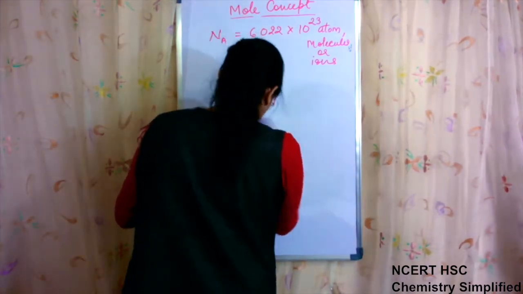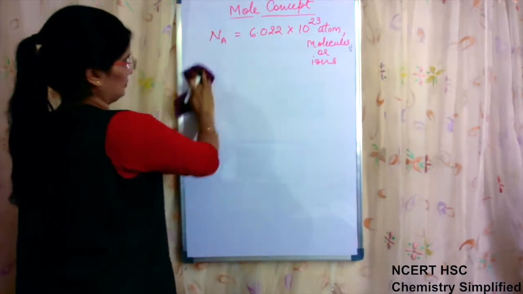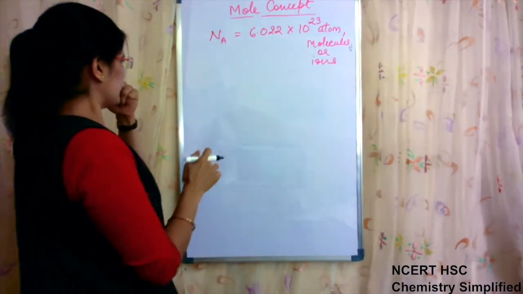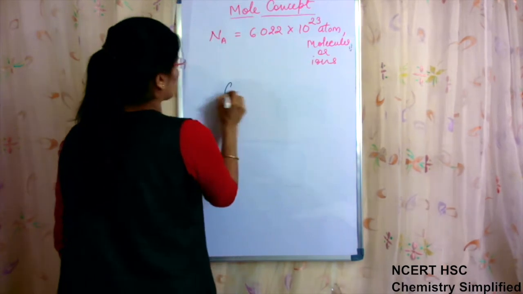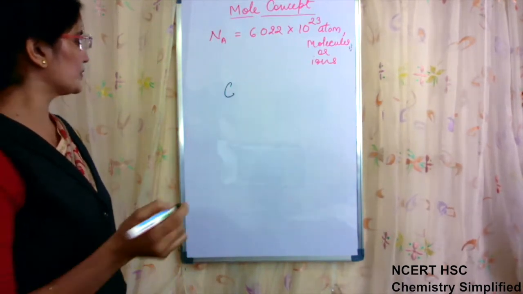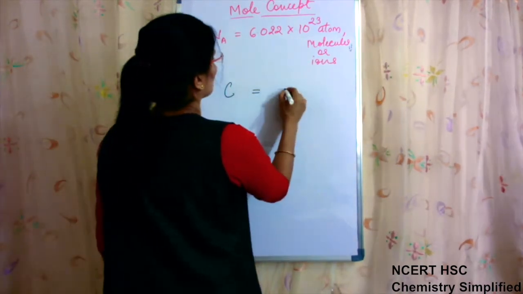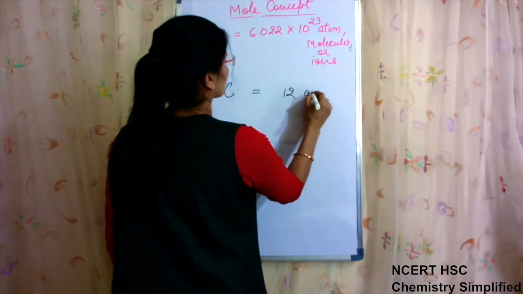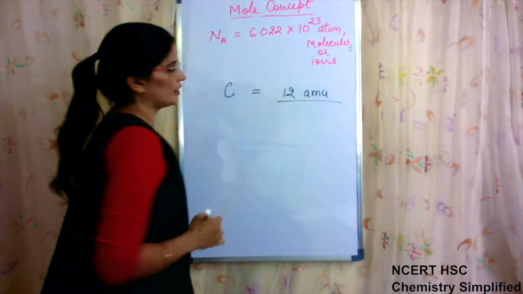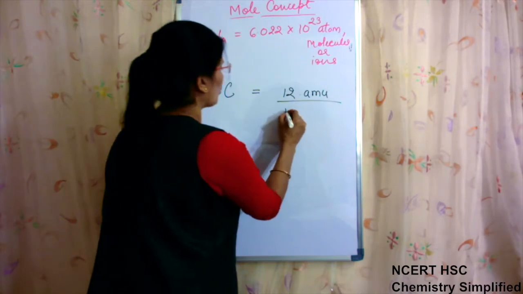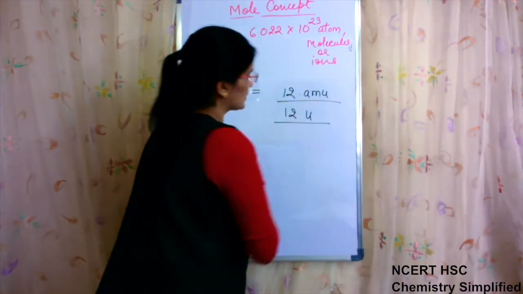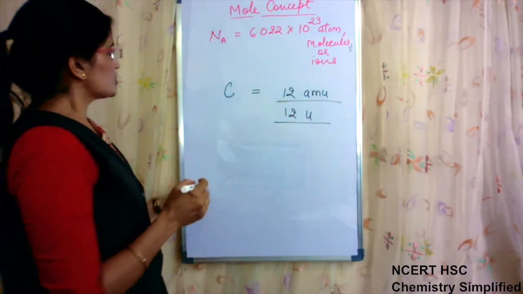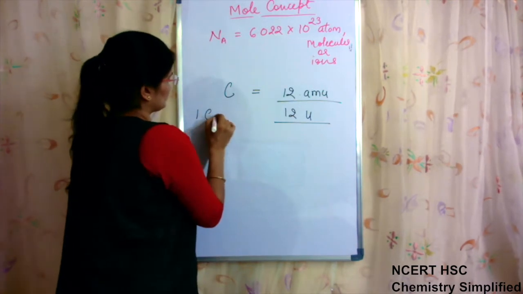Now again, suppose we start with carbon. We can say now that 12 AMU, when we write atomic mass units, or 12 units, is the mass of one carbon atom.